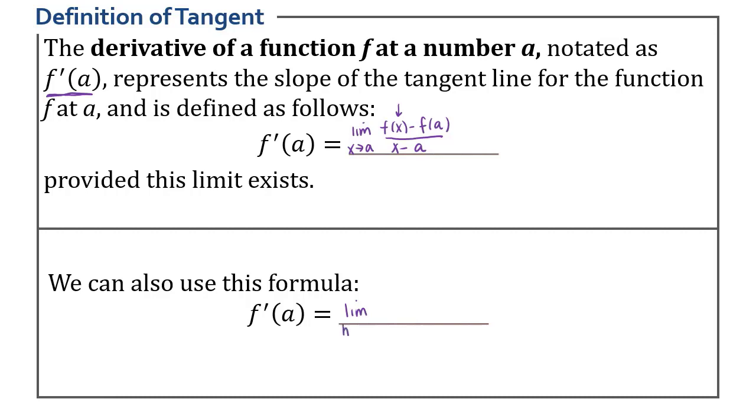Formally, that's the limit as h approaches 0 of f of a plus h minus f of a all over h. The reason it's over h is because normally it would be over the x values, so a plus h minus a. Those cancel out, and that's why we're just left with h in the denominator.